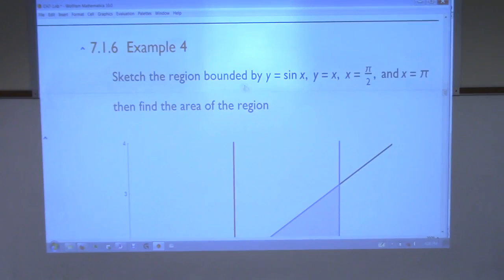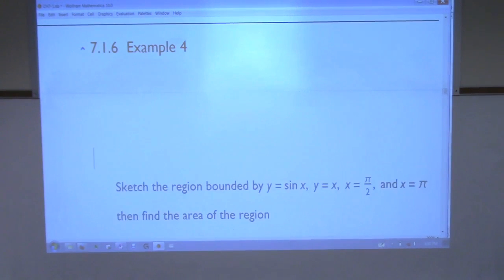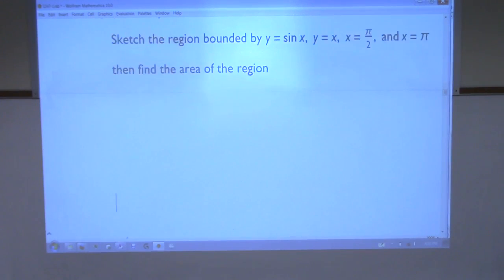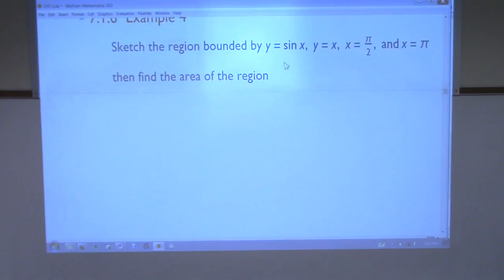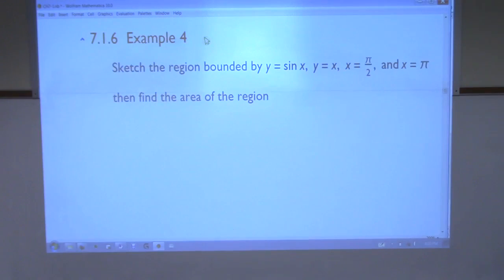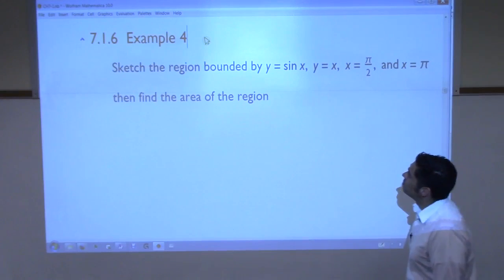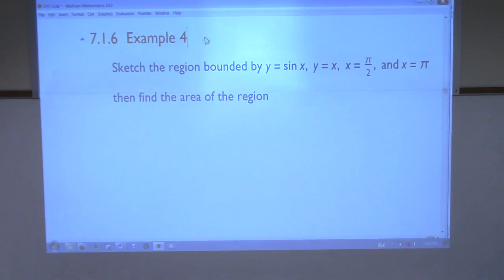Oh, that's the same problem. Sketch the region bounded by y equals sine x, y equals x, x equals pi over 2, x equals pi. Find the area of that region.